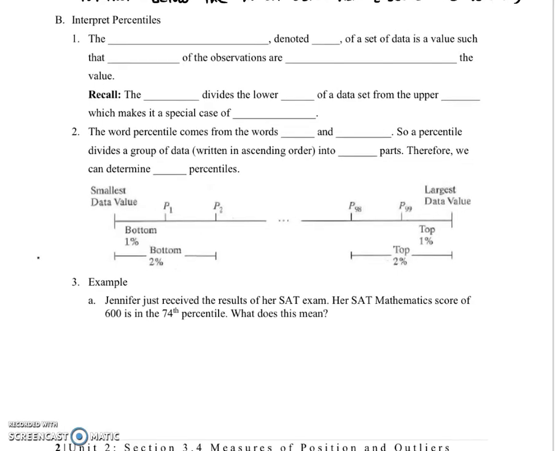So the kth percentile, which we denote with a capital P with a little subscript k, of a set of data is a value so that k% of the observations are less than or equal to that value.